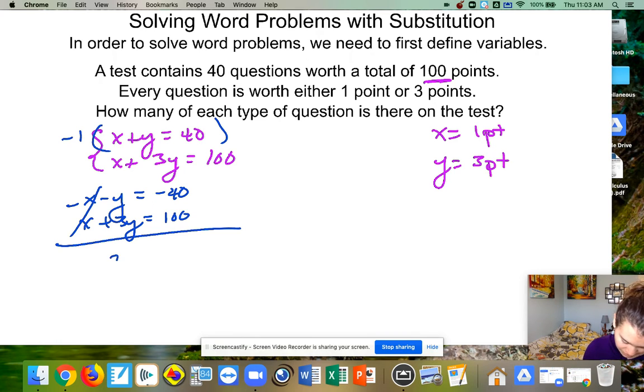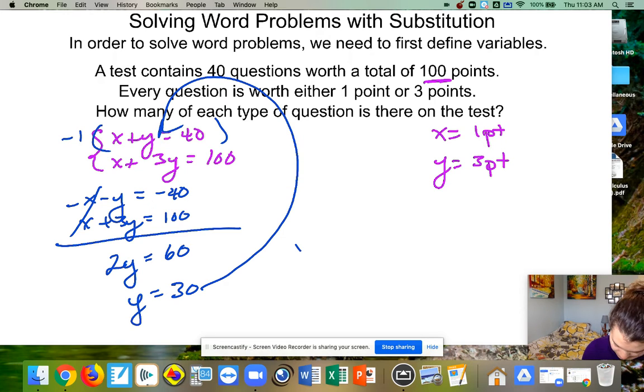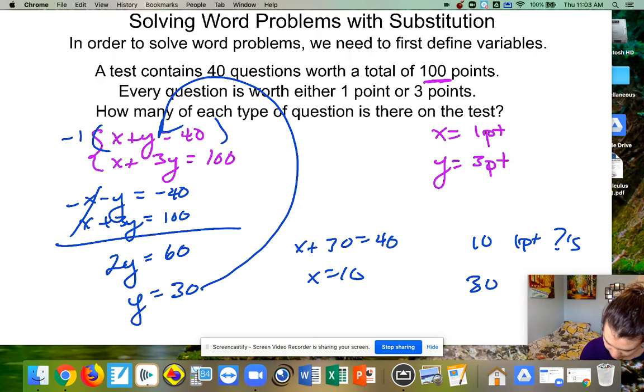So those cancel. You get 2y equals 60 or y equals 30. Take that and plug it back in for y. So x plus 30 equals 40, x equals 10. So there's 10 1-point questions and 30 3-point questions on this test.